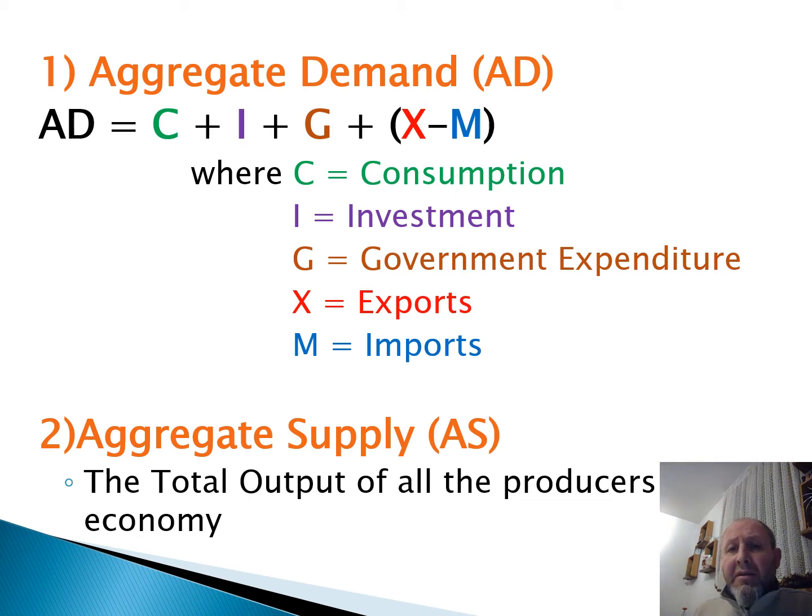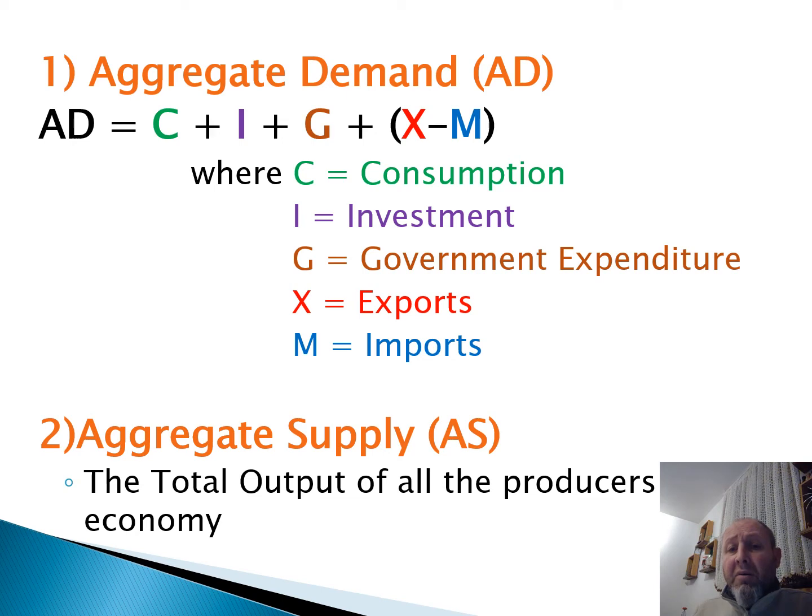Consumption is the spending of the people in the economy. Investment is the money invested by firms in the economy, is capital investment. Government expenditure is government spending in the economy.